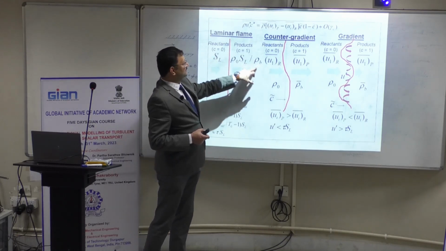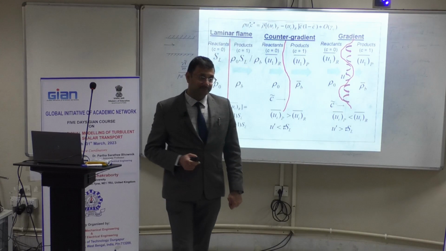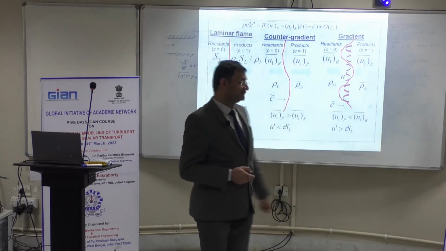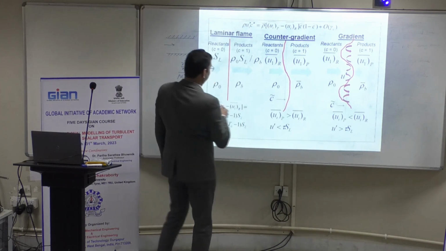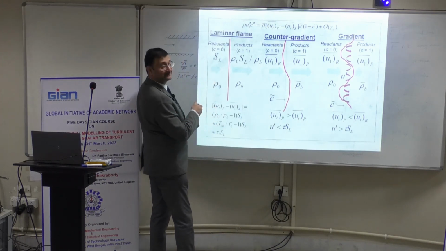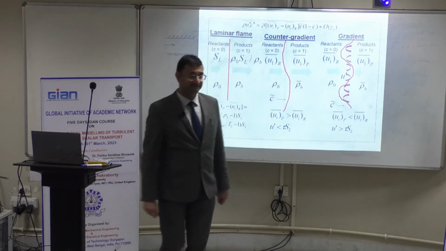From the mass conservation, this is what you are going to get. If pressure remains constant, this density must be smaller than this. So this velocity is greater than the velocity in the reactant side.